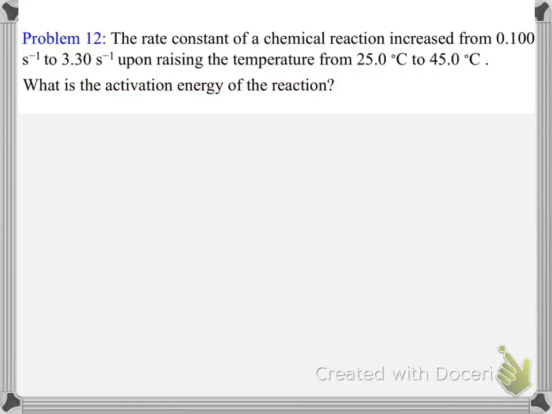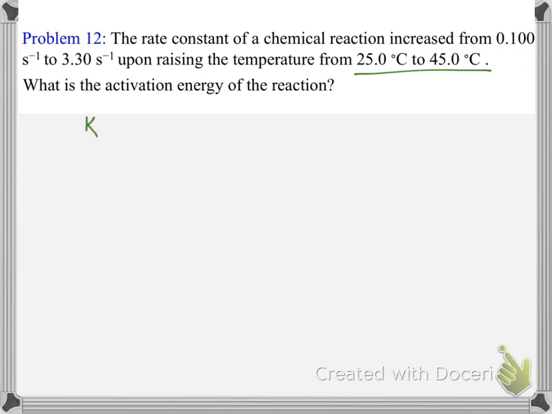So look at this problem here. The rate constant for a chemical reaction increased from 0.100 per second to 3.30 per second upon raising the temperature from 25 to 45 degrees Celsius. What is the activation energy of the reaction?